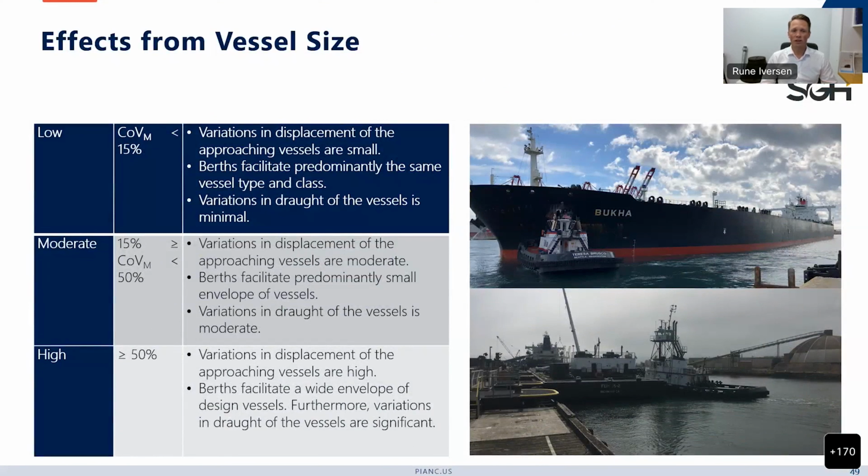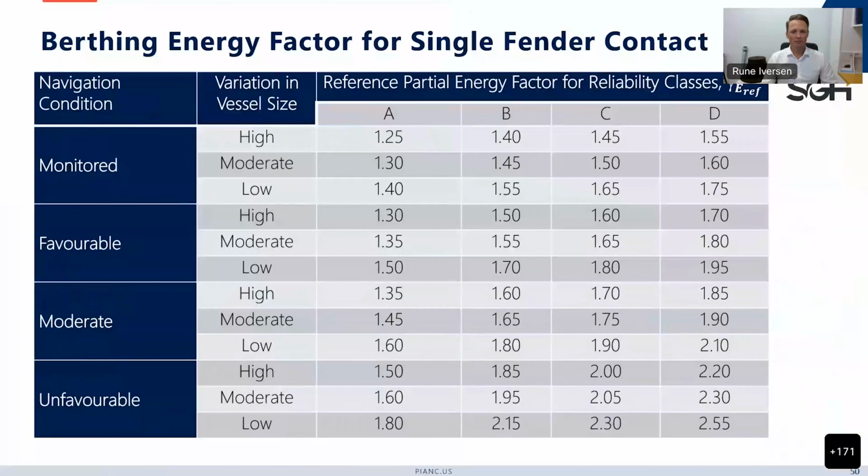Specific numbers for your coefficient of variation of the size of the vessels coming in. So from these numbers here, if you have data on the vessels coming in, you can go right into this table. You can say, do you have low, moderate, or high variation of vessel sizes? Then you can go to the next table.